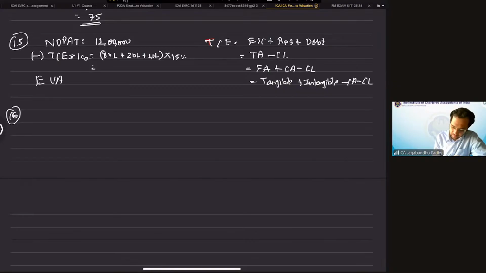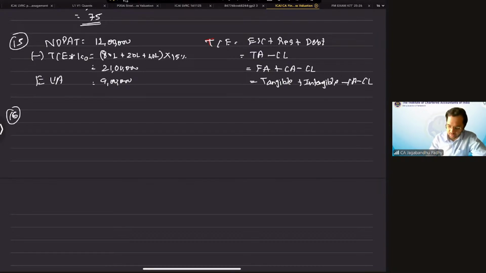So the numbers will be 140 into 15%. Still, you have a negative EVA of 9 lakhs, right? Correct, Leela? Hello, Leela? Yes, sir. Okay, sir.